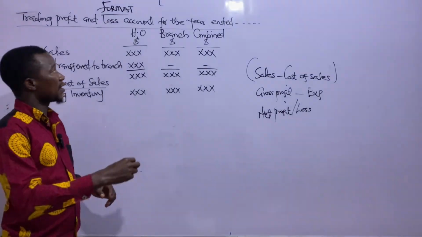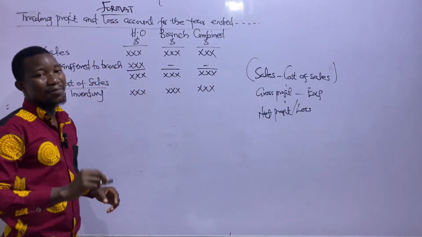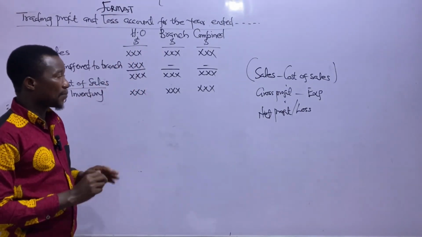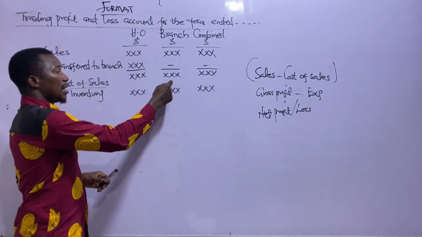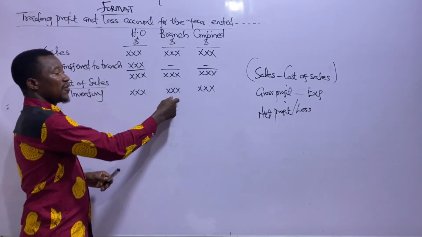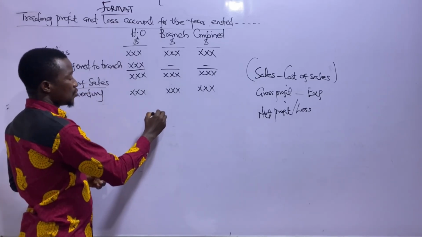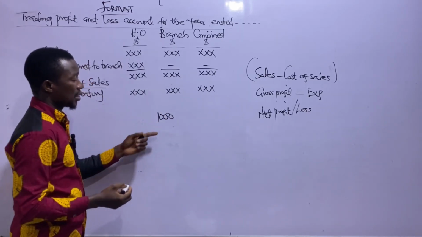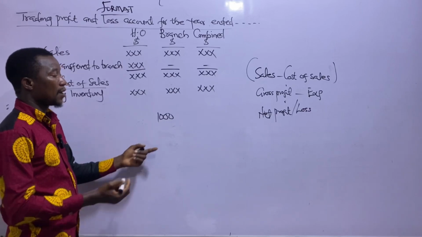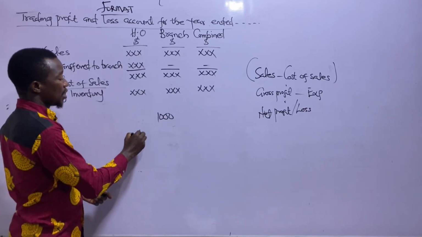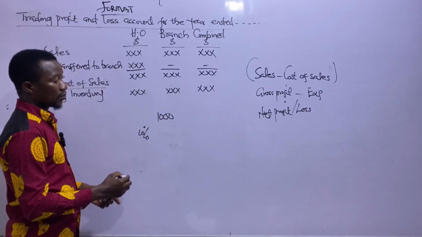Sometimes the goods are transferred from the head office to the branch at selling price. When this happens, the profit margin on the inventory needs to be taken off. For instance, the goods are transferred at selling price and the cost is 1,000. There is a markup or profit component of, let's say, 10%.